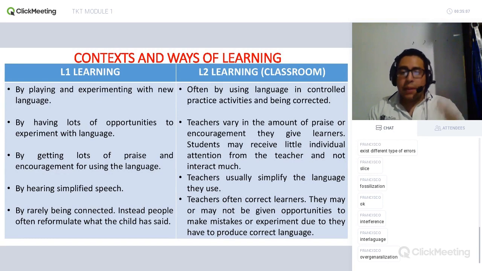It's not the same. And sometimes you can have games in the classroom, that's cool, but they are not the same as in L1. They are just games for 10, 15 minutes, and that's it, and they are only for academic reasons. And there are not many opportunities to learn, and all the activities are corrected. As we were talking about errors, the teacher must correct their mistakes.